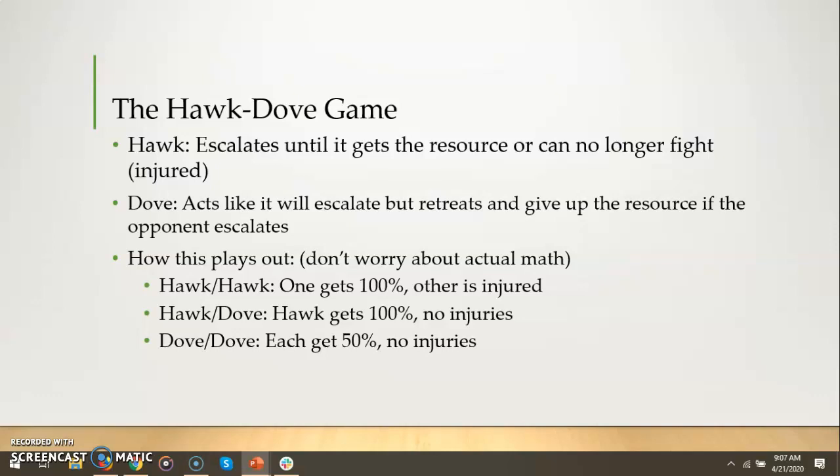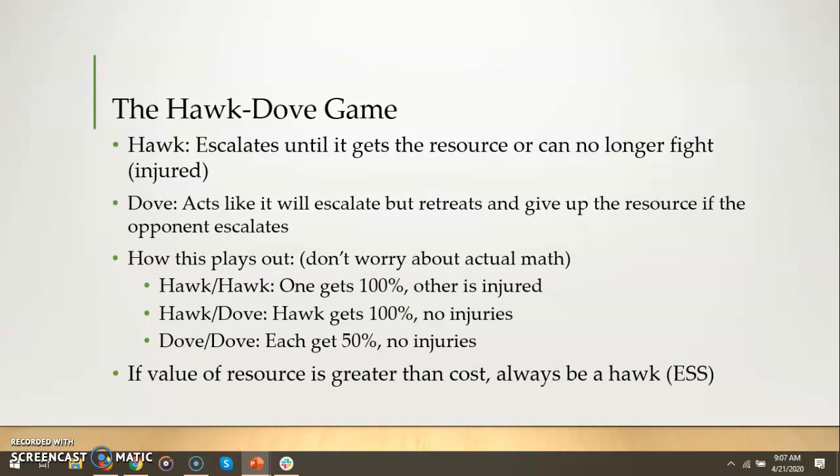And the idea here is that if the value of the resource is greater than the cost, okay, if the cost of gaining the resource or the cost of losing is death, for instance, then it makes sense to always be a hawk. Okay, this is an evolutionarily stable strategy.